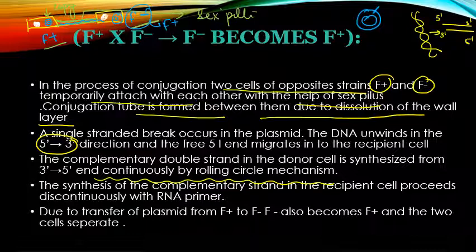Out of these two strands, the breakage takes place in the 5' to 3' strand. Right? So this 5' to 3' strand then migrates to the recipient cell. So in the F positive cell, only the 3' to 5' strand remains. It will form a Xerox copy of the 5' to 3' strand from the 3' to 5' strand.